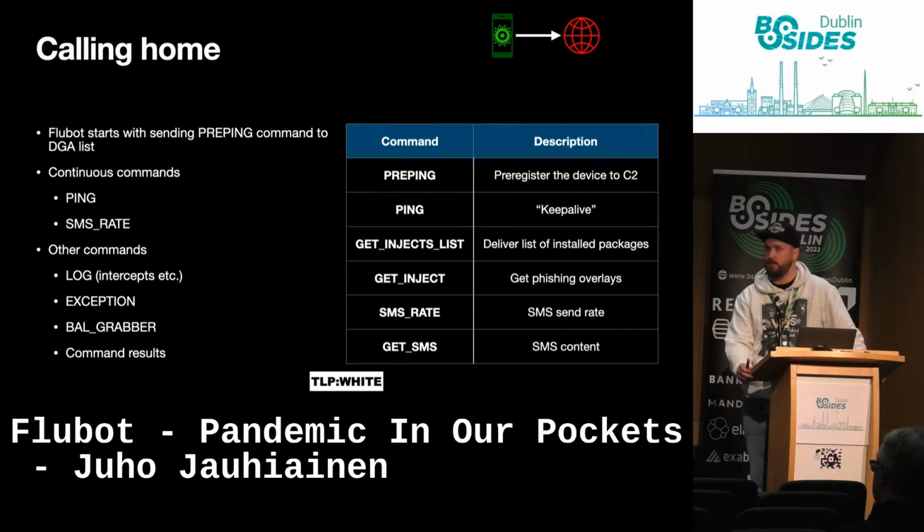So if someone sends a message saying your phone is infected, it will not reach the victim, but it will go to the actual attacker. One of the Finnish teleoperators used SMS to send messages to their customers who were infected with Flubot, and they were wondering why nothing happened. This was the reason, and they were surprised that they actually needed to send letters, because the calls were blocked as well.